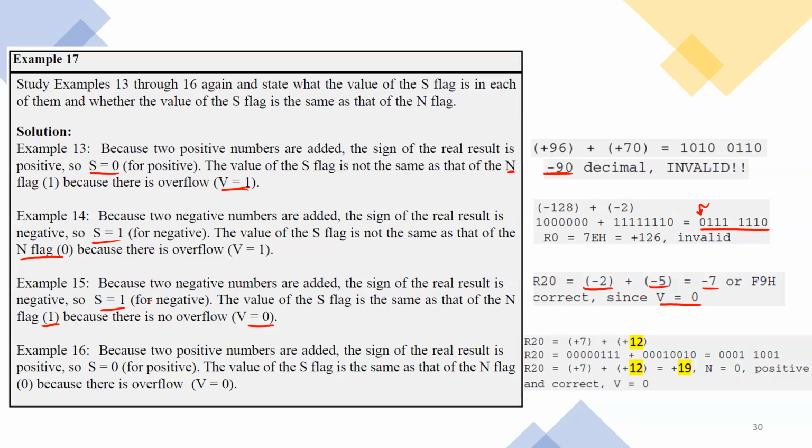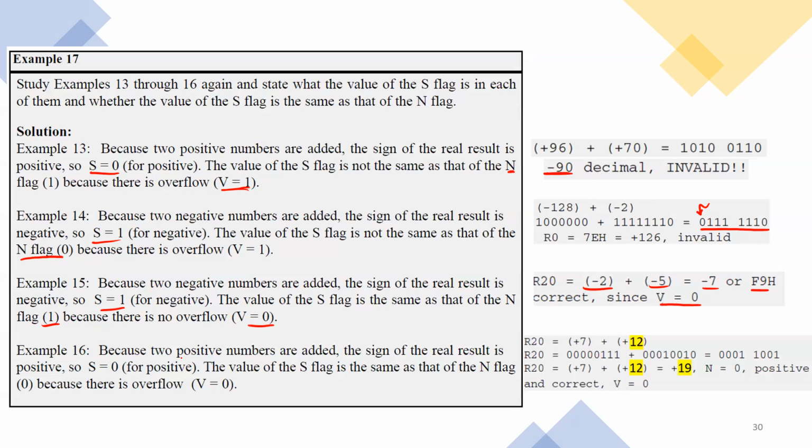So S indicates the sign of our answer. This number, F9, is not a positive number. Why? Because it's coming from negative addition together. So this can be indicated from S. S here can figure out the sign.